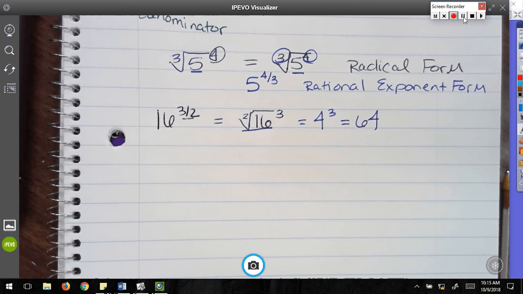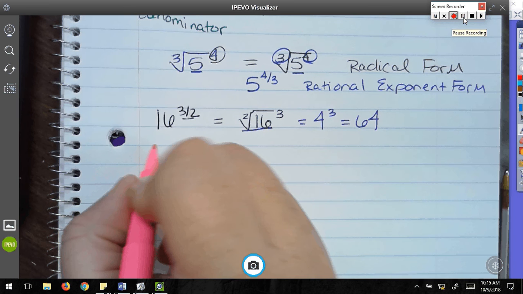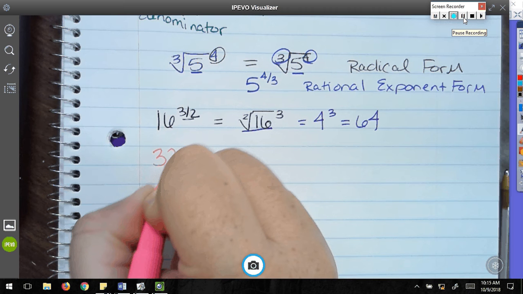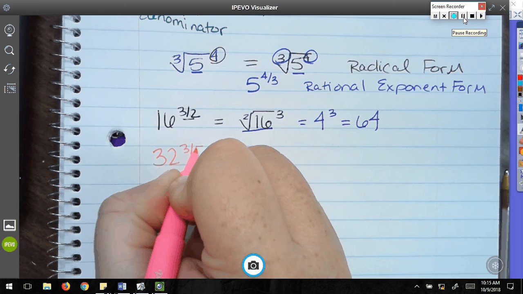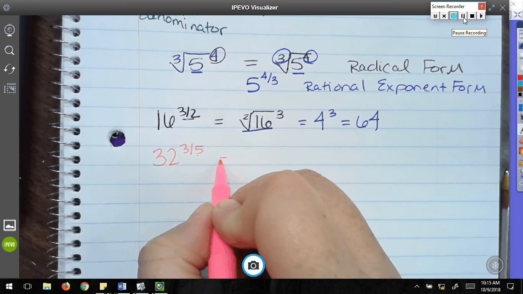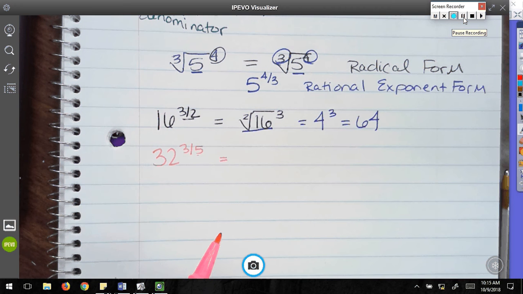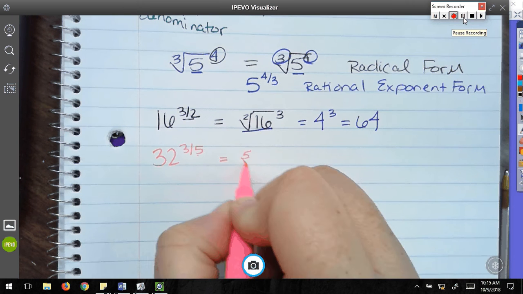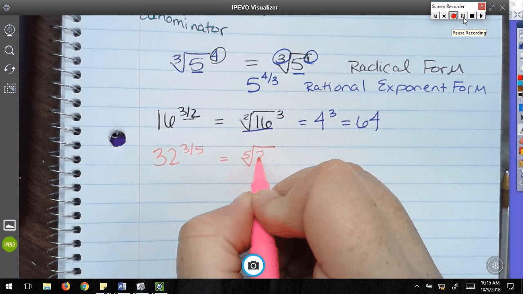Let's change forms of another one so we can get the hang of this. Let's do 32 to the 3/5. The bottom number is the root, and then the exponent is the 3.